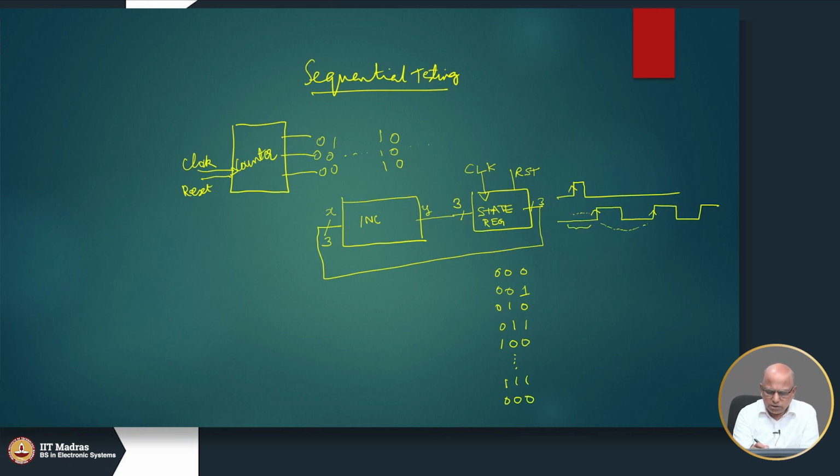Now, what may be the faults, single stuck at fault model? So, these are some of the faults that may be present there. In the incrementer, something could be stuck at 0.